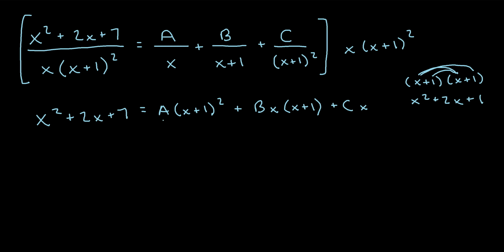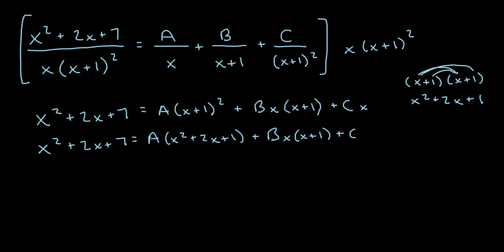So we can rewrite this expression. Let's write it like this. x squared plus 2x plus 7 is equal to a times this FOILed out version of x plus 1 squared. Then we have plus bx times x plus 1 plus c of x.